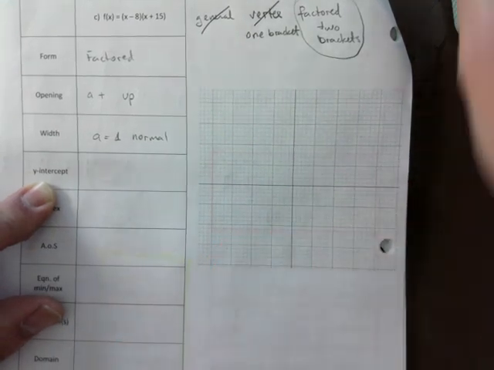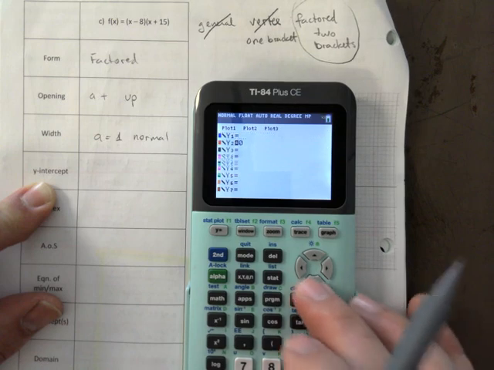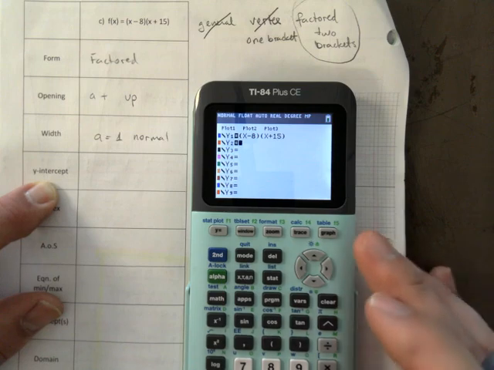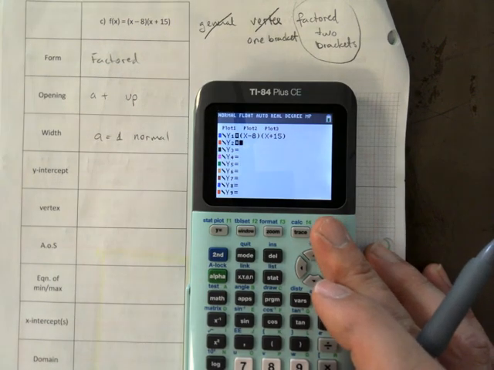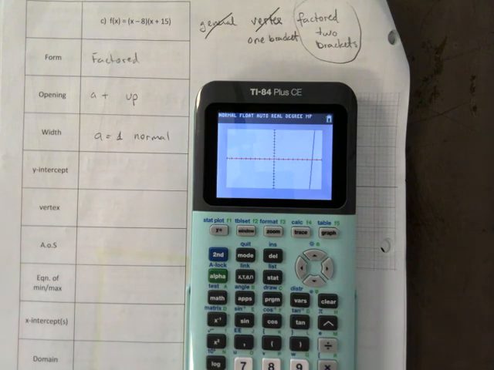Y-intercept, I need to use my calculator for that. So let's enter this. I'm going to go (x - 8)(x + 15). Hit graph.